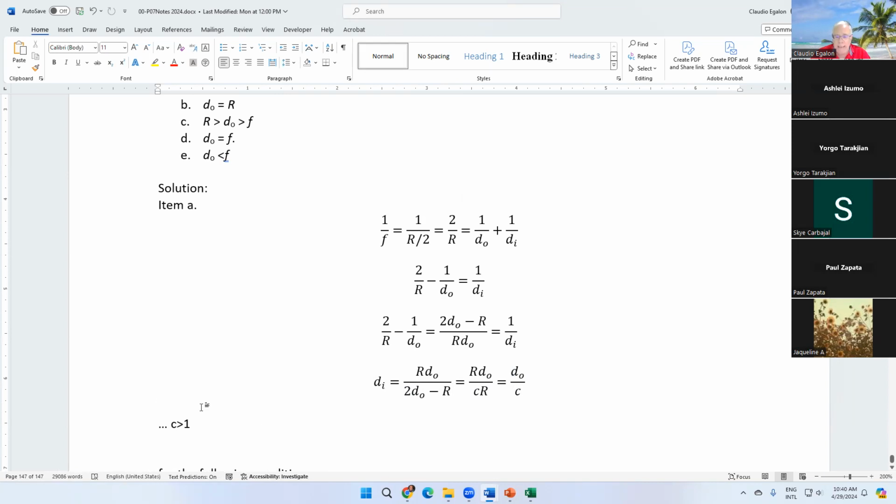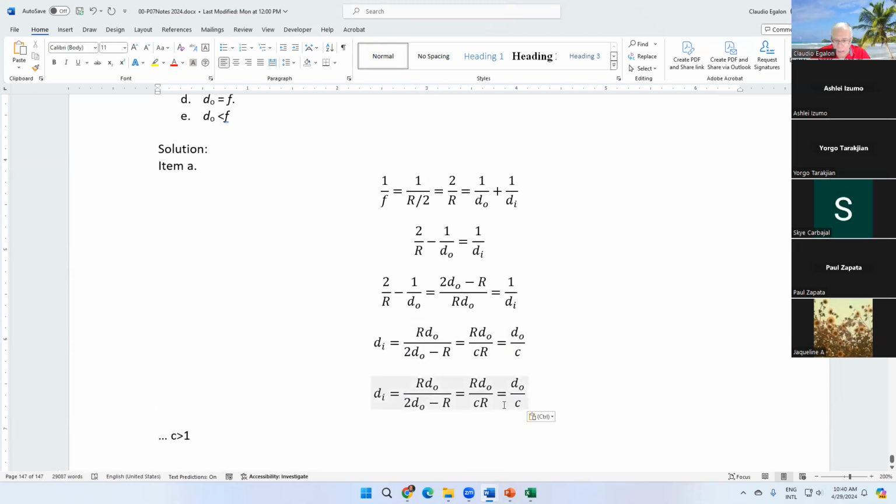And what are we getting here? We are getting here that d_i is going to be d_o divided by a number greater than 1, right? If it's a number greater than 1, it means that d_i is going to be less than d_o. Okay?